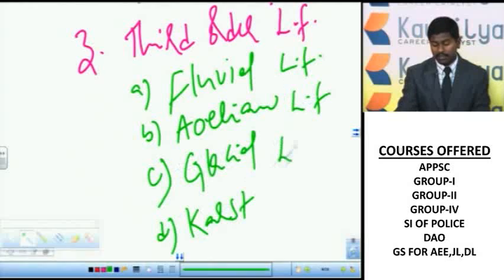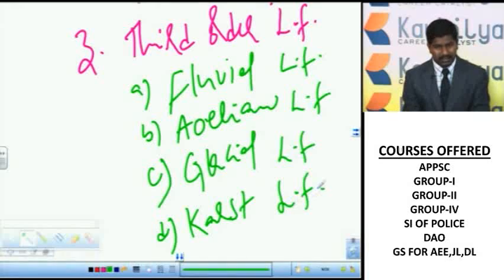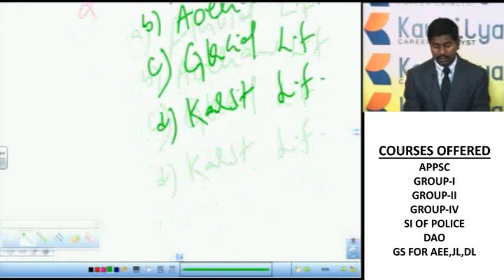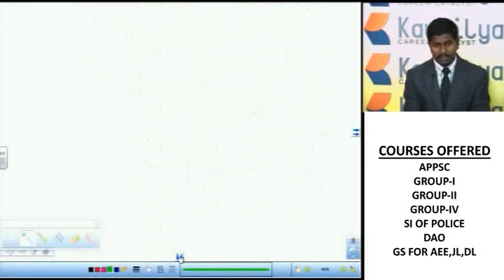These are different types of landforms which are developed over the Earth's surface due to different mechanisms. If you discuss all these three types of landforms, then this topic geomorphology will be over. Okay. Now we are going to discuss the evolution of the continents and oceans, that means the evolution of the first order landforms.